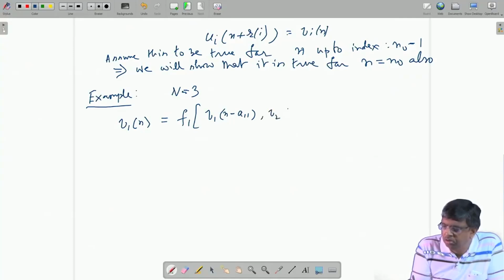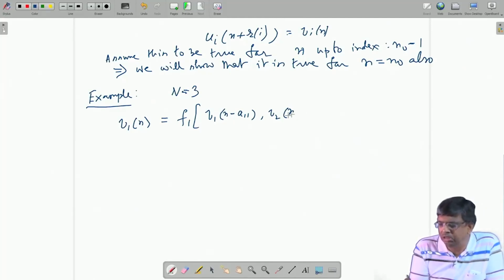Then V2 n minus A12, but suppose A12 is 0. Okay. If A12 is positive, then V1n depends on V2n minus some value, that is the past output of node 2, which is fine, which is what I was trying to say. But in case the delay is 0, A12 suppose is 0, that is the delay from node 2 to node 1 suppose 0.